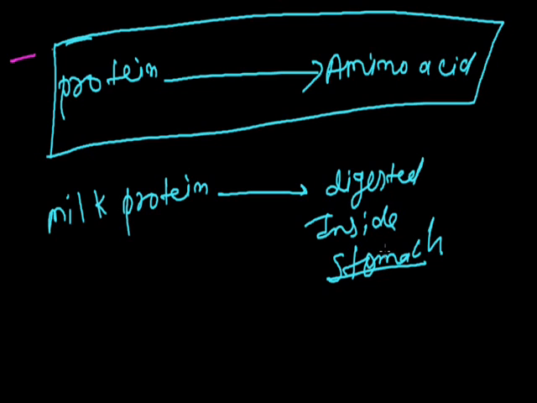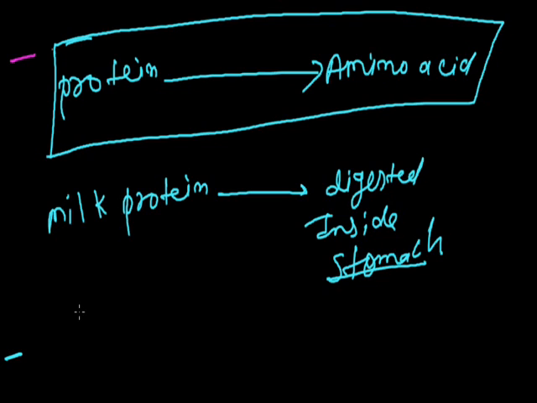So the presence of HCl inside the stomach plays an important role in digestion. The digestion of protein is important because protein is a kind of building block for the body. So the digestion of protein starts inside the stomach.